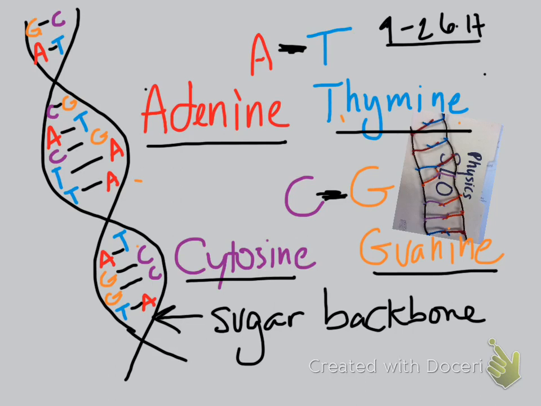Now, if we think back to bacteria, what was the process that they used to reproduce? It's asexual reproduction. It's called binary fission. So, good. When bacteria perform binary fission, what was that first step?